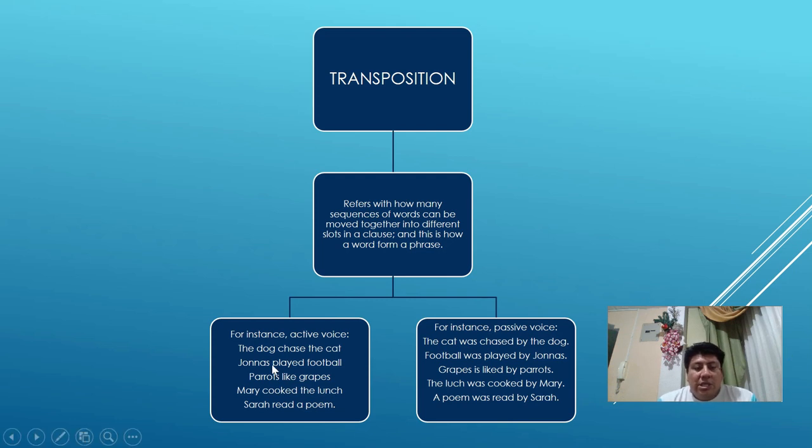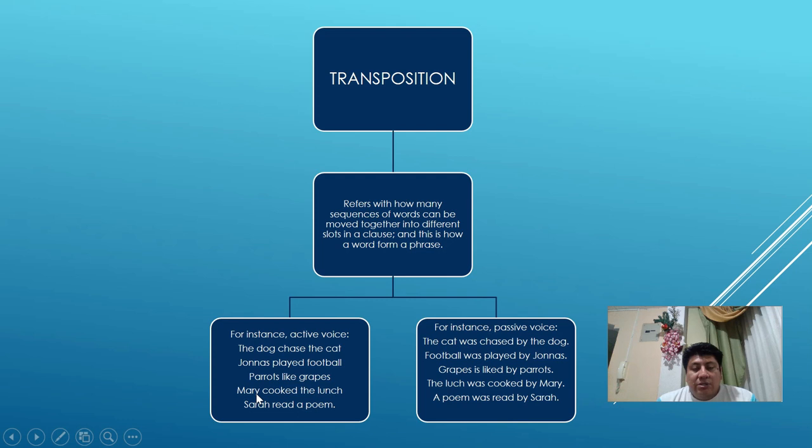In the second sentence, Jonas played football, in active voice, we move words into different slots, and football was played by Jonas. Number three, parrots like grapes becomes, in the passive voice, grapes are liked by parrots.